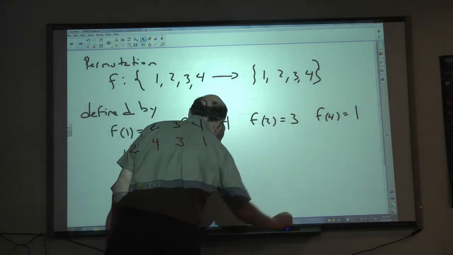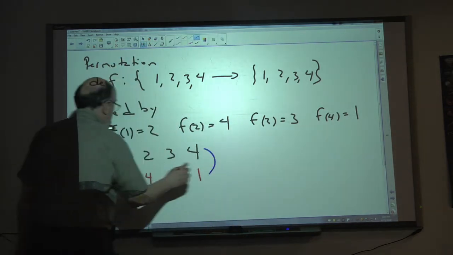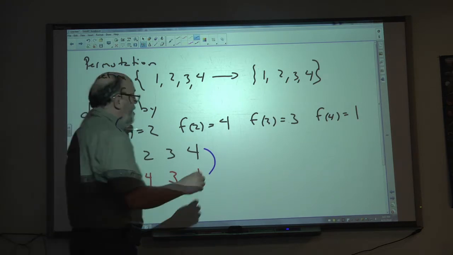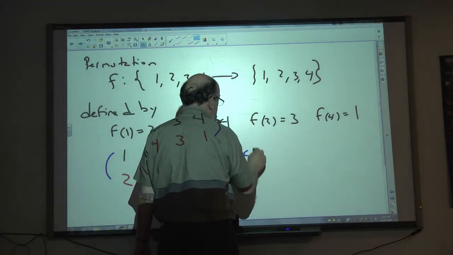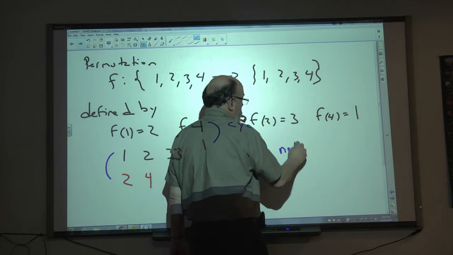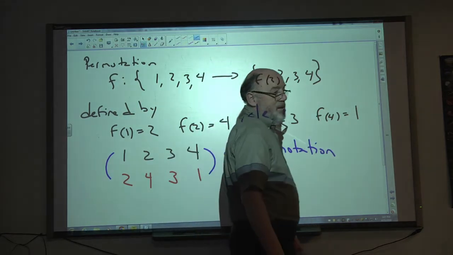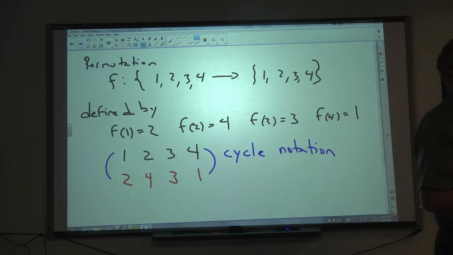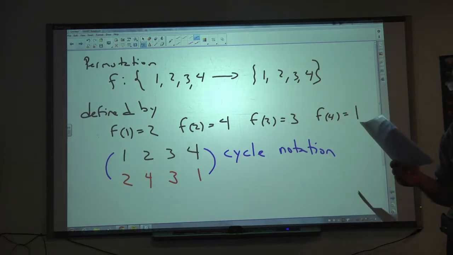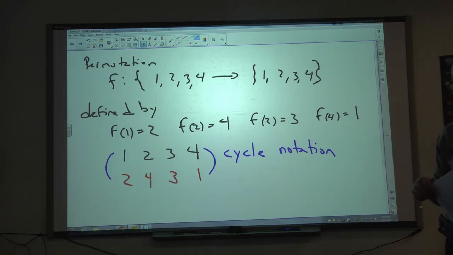And then I throw a little curve there, and you get what is called cycle notation. So 1 goes to 2, 2 goes to 4, 3 goes to 3, and 4 goes to 1.